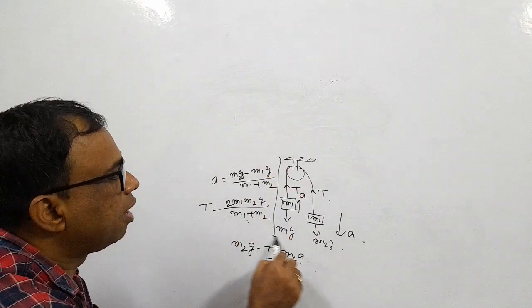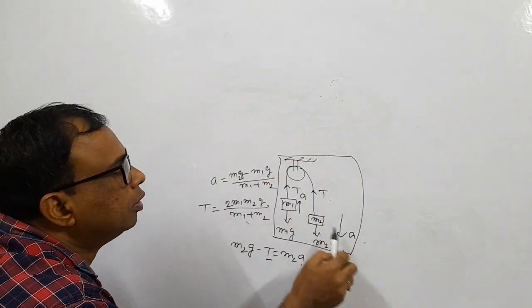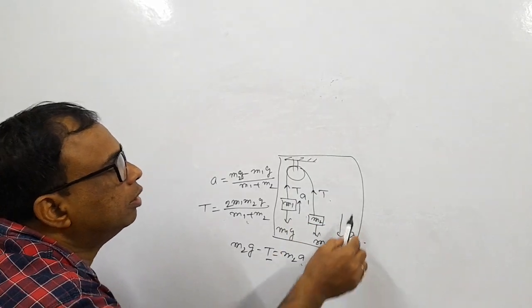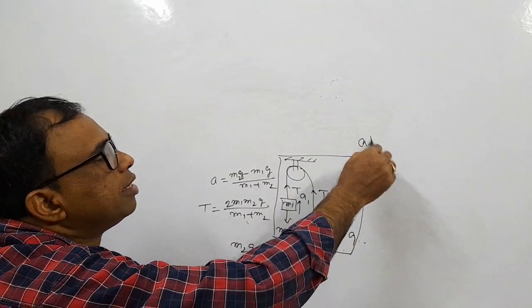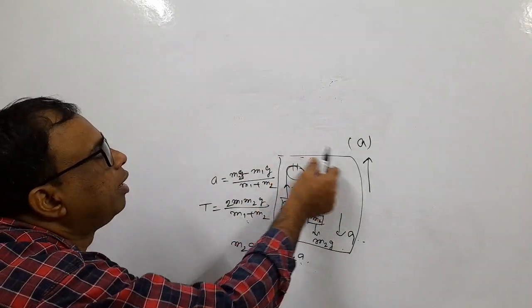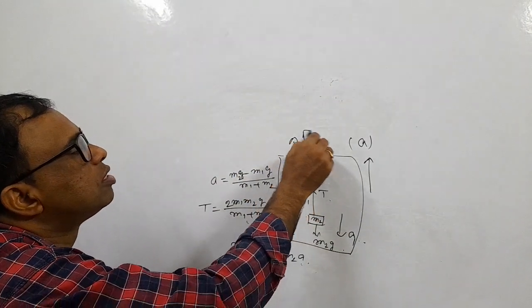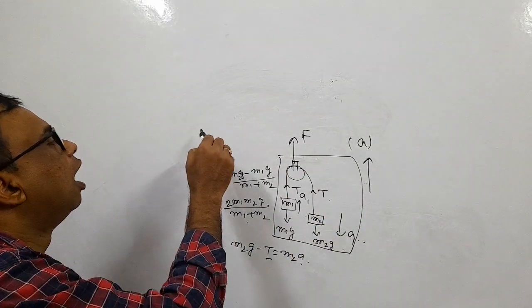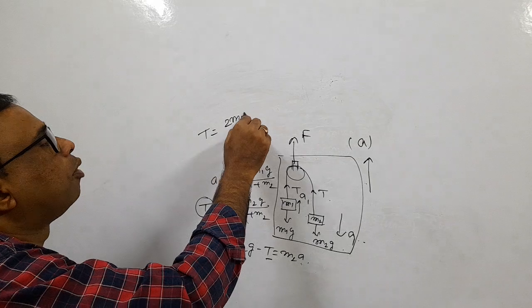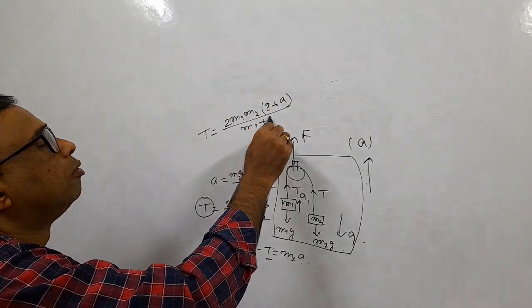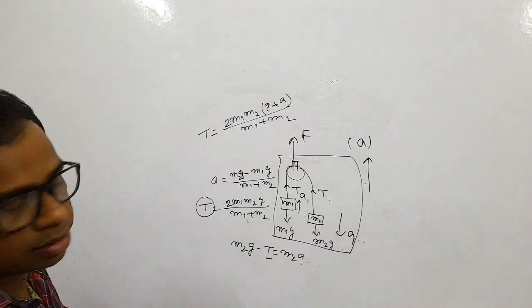Now if the system is moving with acceleration A, that means I apply some force and move the system with acceleration A. Then tension changes. How does tension change? T equals 2 M1 M2 (g plus A) divided by (M1 plus M2). In this way tension changes.